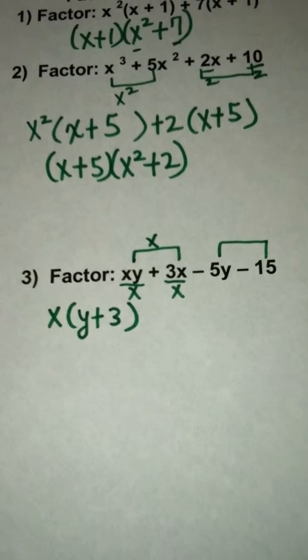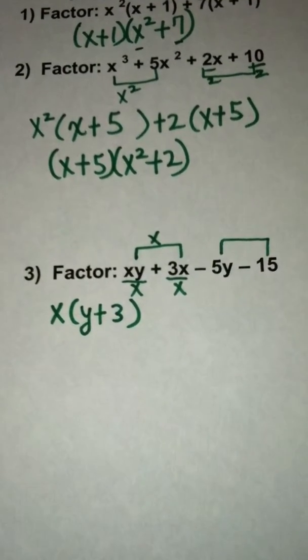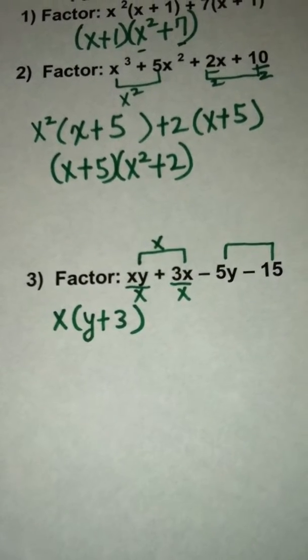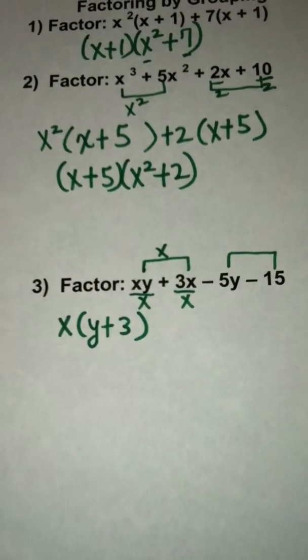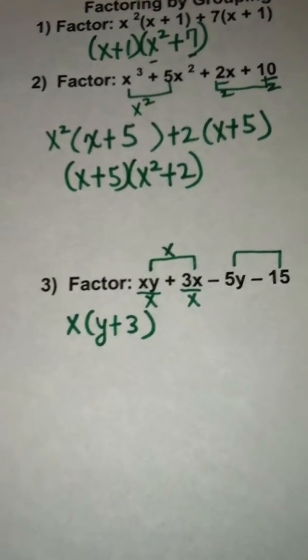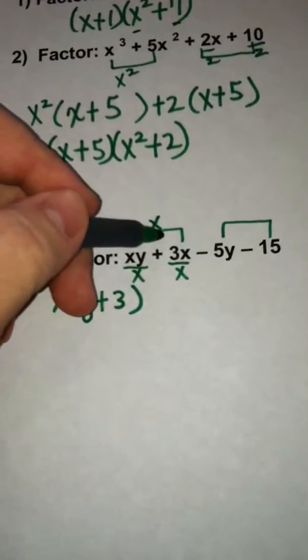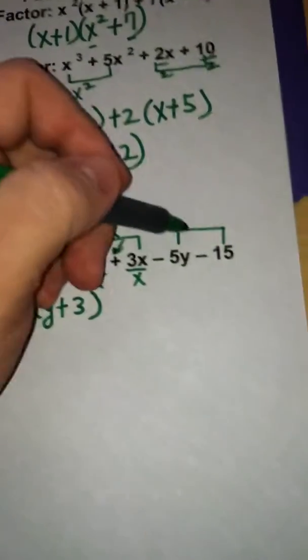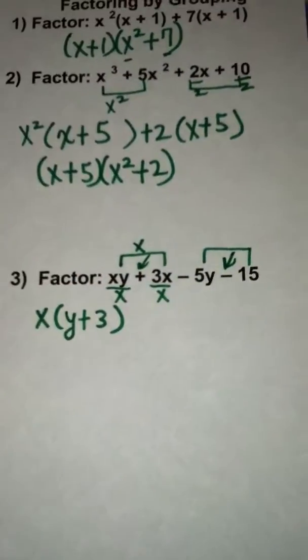Moving on to the next pair of terms. What do they have in common that you can take out? Right, very important, we need to take out a negative 5. Why? Well, since this leading sign is a positive, we need this sign to be a positive also.